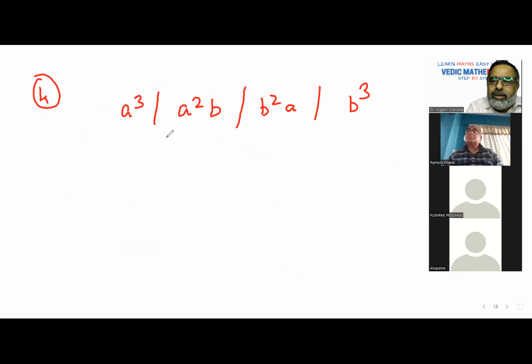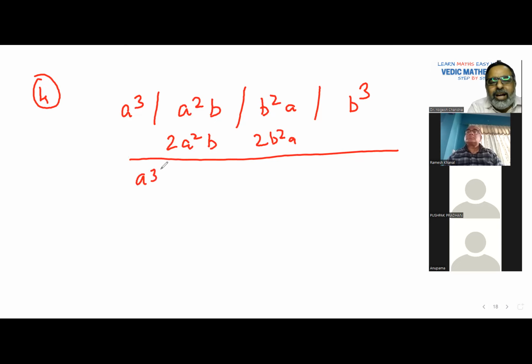Remember why we used to add 2 times? But see the format of writing. You are not writing A cube and B cube first.